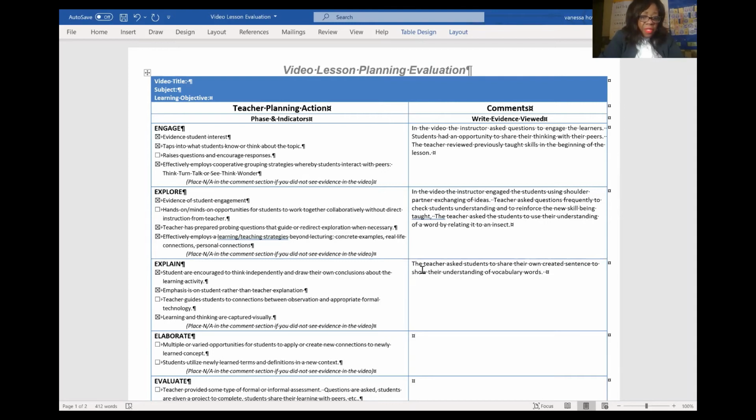Okay, emphasis on student rather than teacher explanation. The responses were student generated. Responses the students gave were student generated.